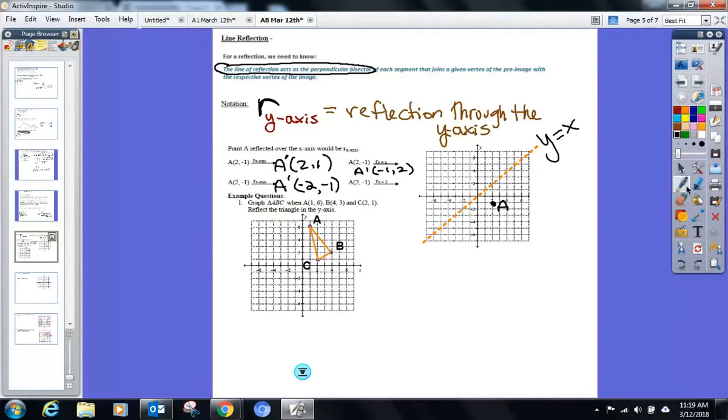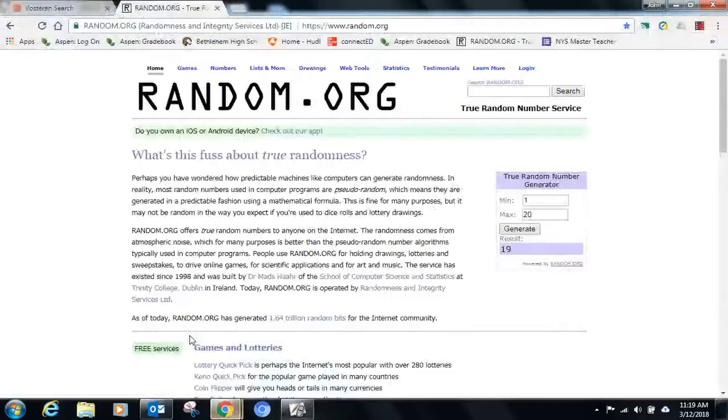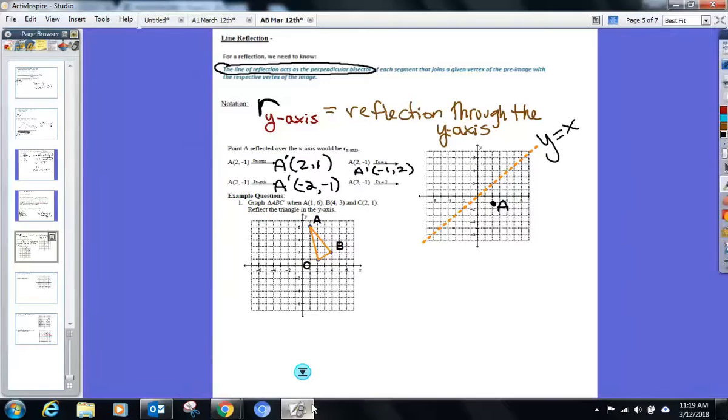All right, last one. What line am I asking you to reflect over now? This fourth one here, reflect it through the line y equals 2. All right, now, so we do have to do a quick refresh here from algebra last year.